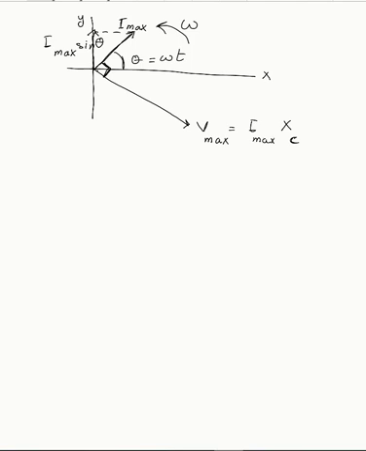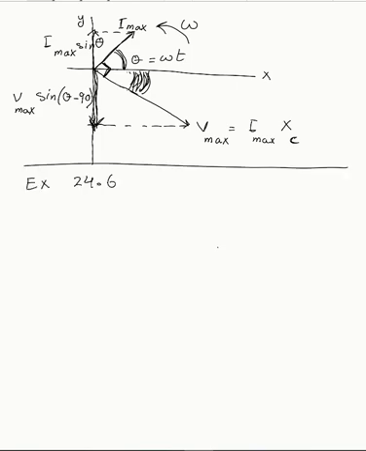Now, if I project the Vmax in the y direction, then the y component of the Vmax is going to be Vmax sine of theta minus 90, which is the sine of this angle here.